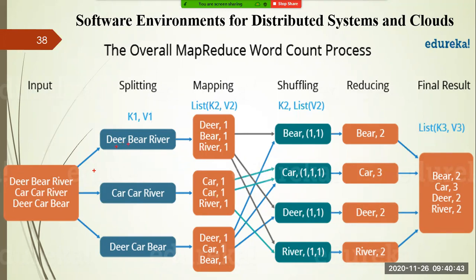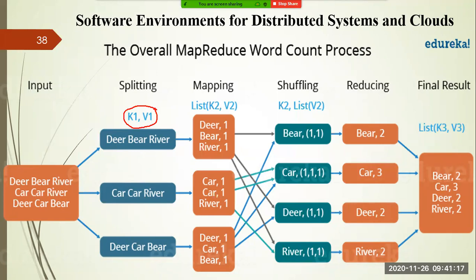Once it is partitioned, let's say the first one is deer, beer and river. Next is car, car, river. Next is deer, car, beer. This partitioning is nothing but a key value pair. K1 represents the key, V1 represents the value. Then we give this work to the map function. A set of map functions are there. The map function generates a list with two values, a key K2 and a value V2.